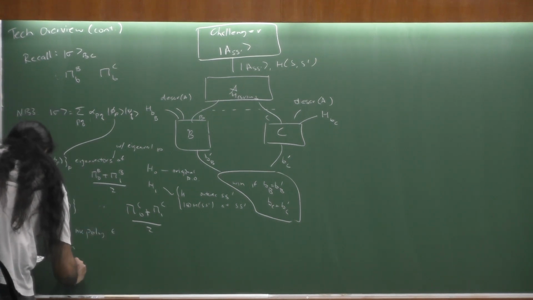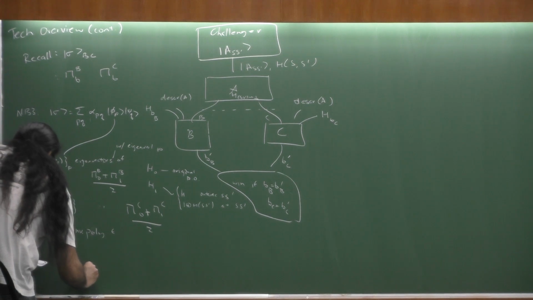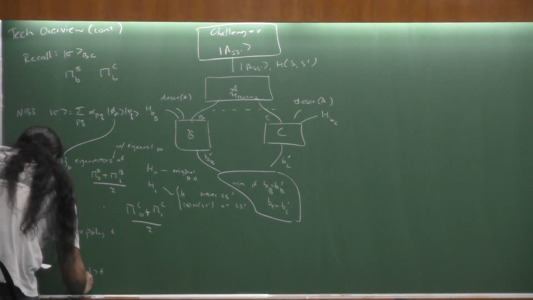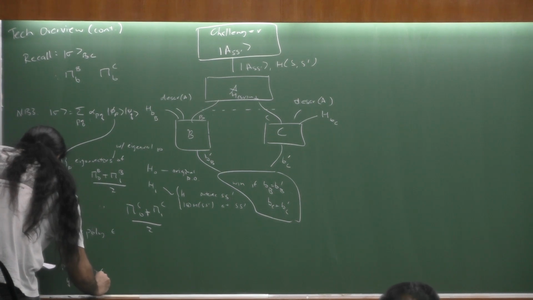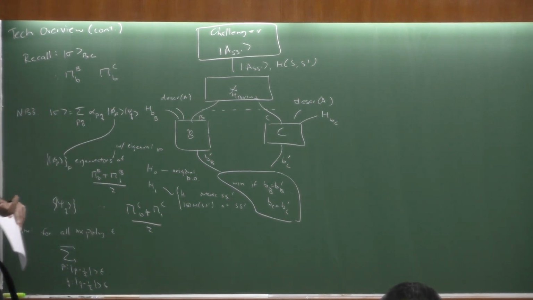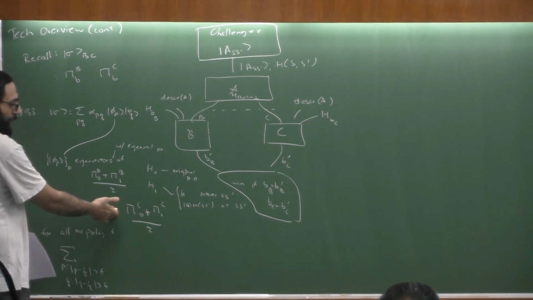So p such that p minus half is greater than epsilon and q minus half is greater than epsilon. So it's basically saying that you have an advantage, right? So that you're either outputting something, because it's a POVM, right?